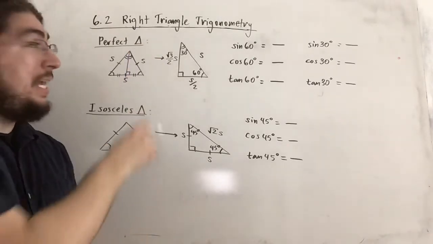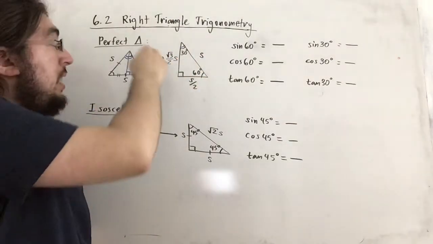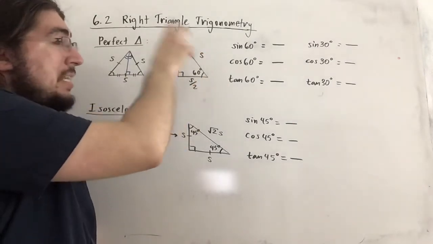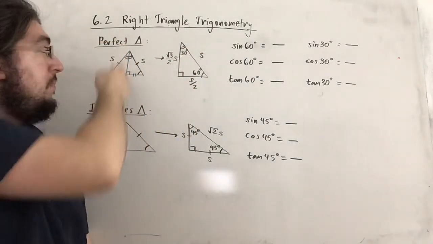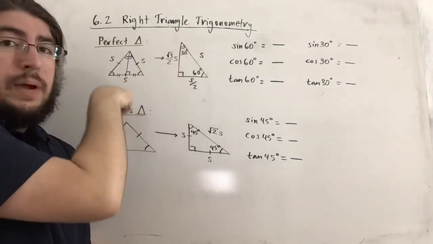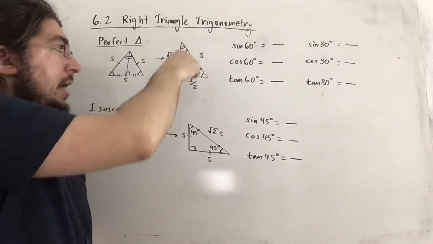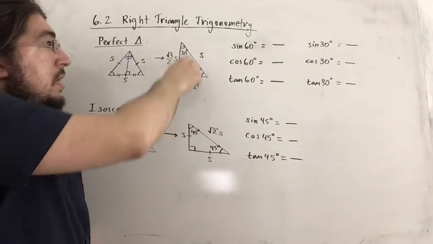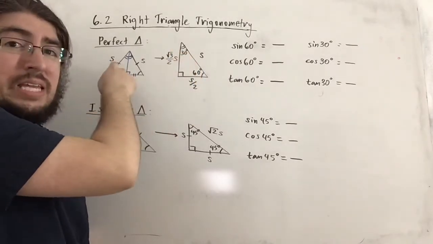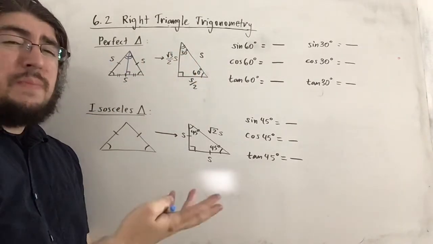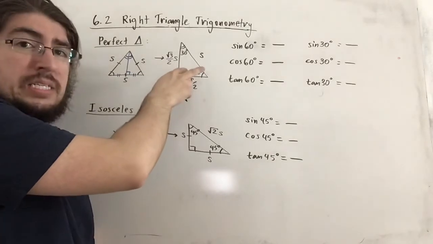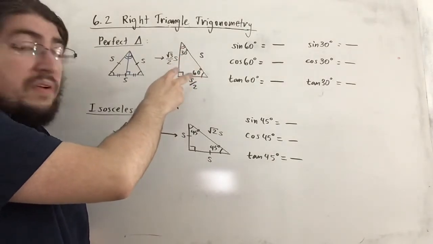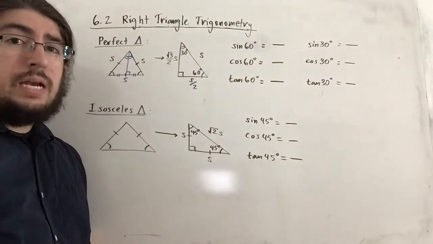So if you look at half of it, if this side is S, then now we have a right triangle. This would be now the blue side of our bisector, basically. And this side here is half of S, which is S over 2. This would be 30 degrees because it's half of the angle 60, which makes sense because 90 plus 60 is 150, and 150 plus 30 would give you 180.